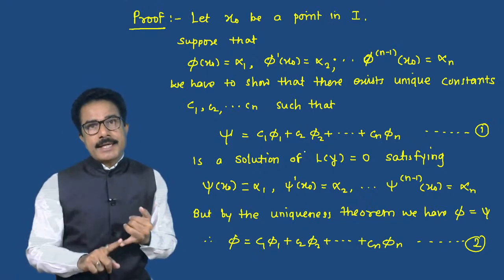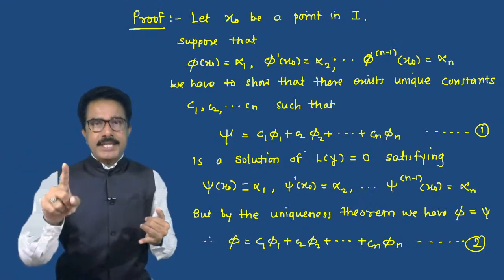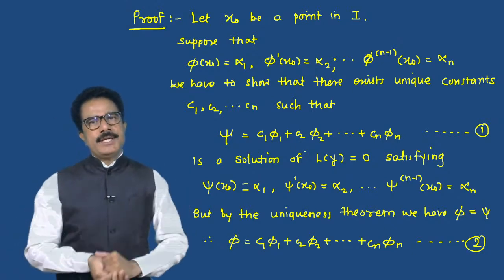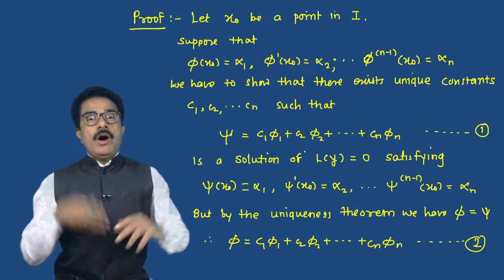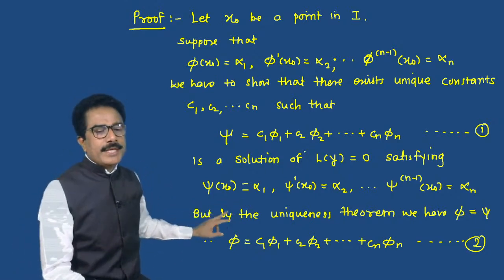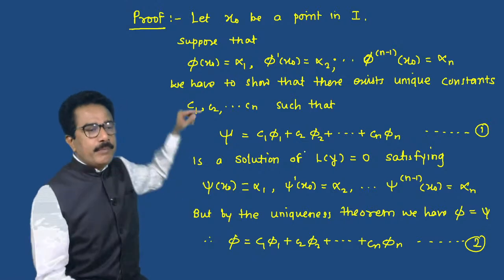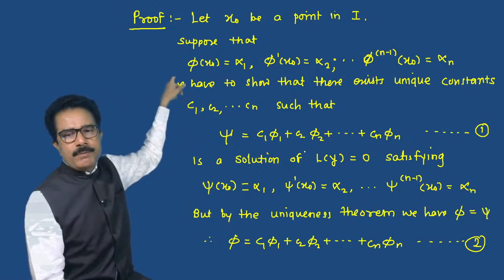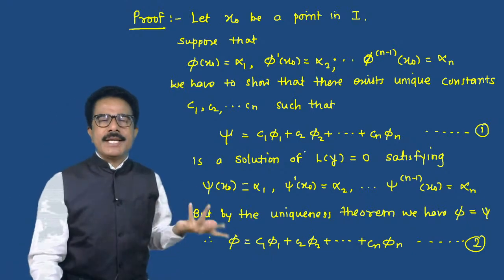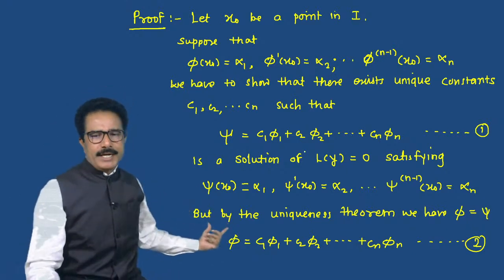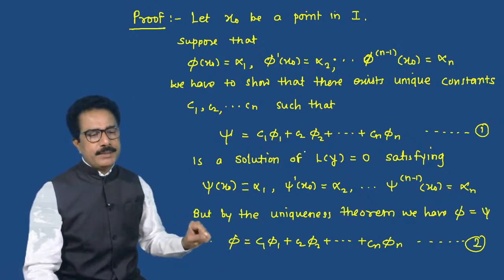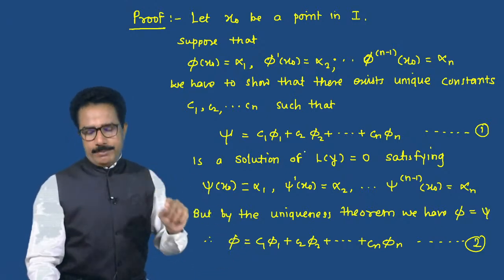In chapter 2, we have also proved the uniqueness theorem for linear differential equations of order n. According to the uniqueness theorem, we can say both these solutions, phi and psi, are one and the same, or equal. So we can write phi is equal to C1 phi 1 plus C2 phi 2 plus C3 phi 3 ... Cn phi n.